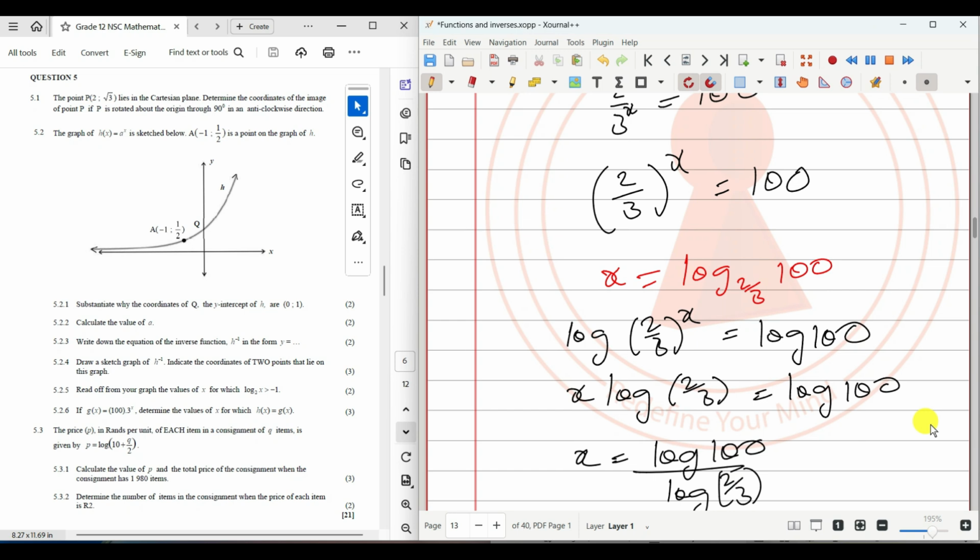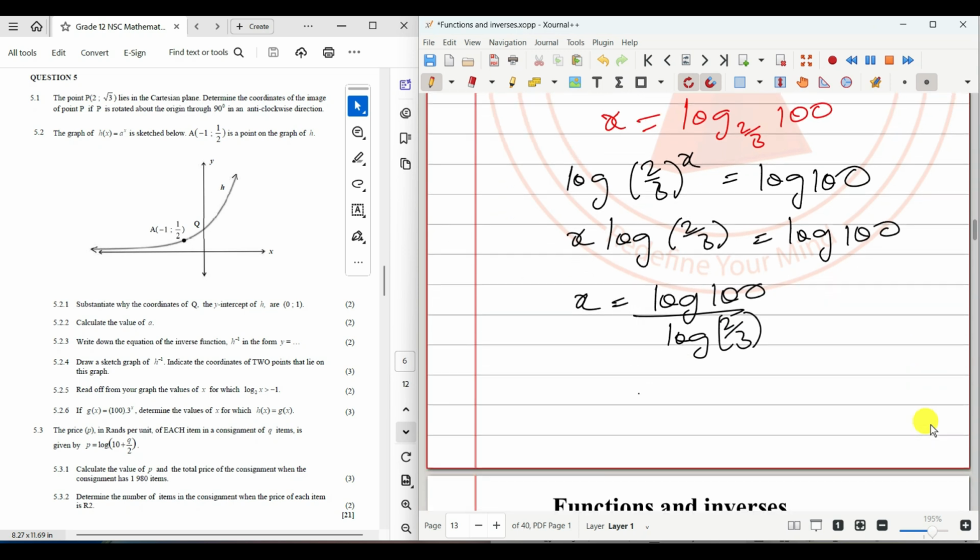You press your calculator, what do you get? Log 100 over log 2 over 3. You get negative 11.36.